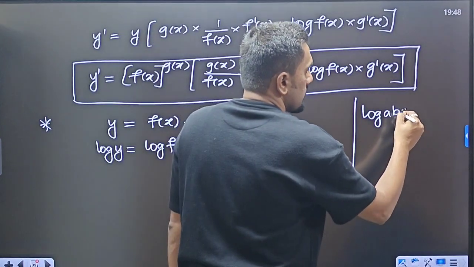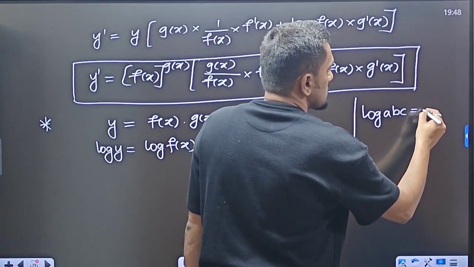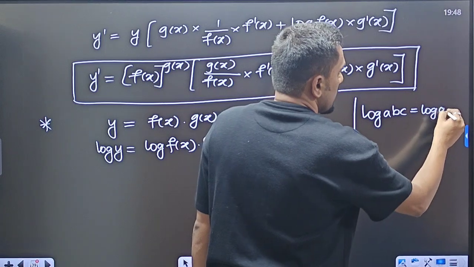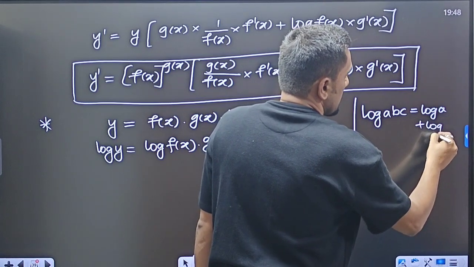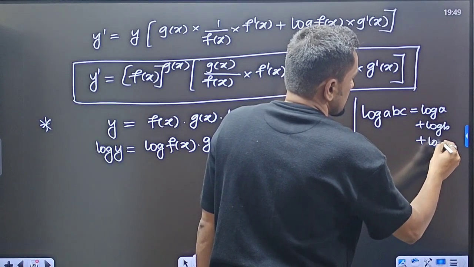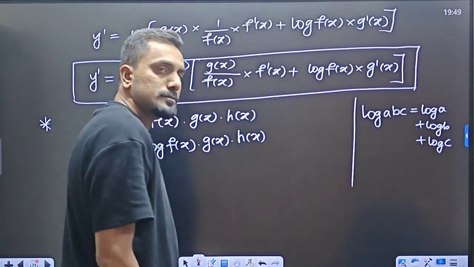In the same manner, log a into b into c is equal to log a plus log b plus log c.